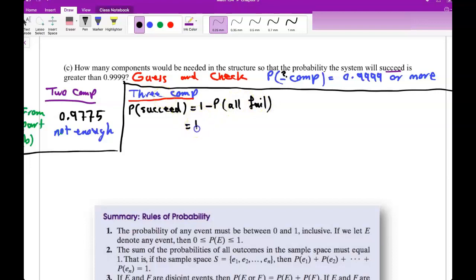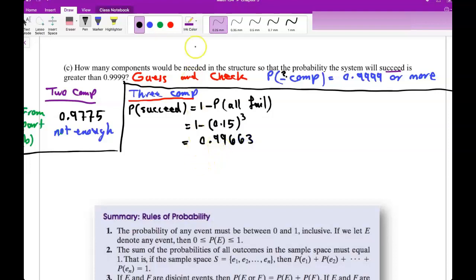Since we have 3 components, now we have 1 minus 0.15 to the 3rd power. And that is 0.99663.